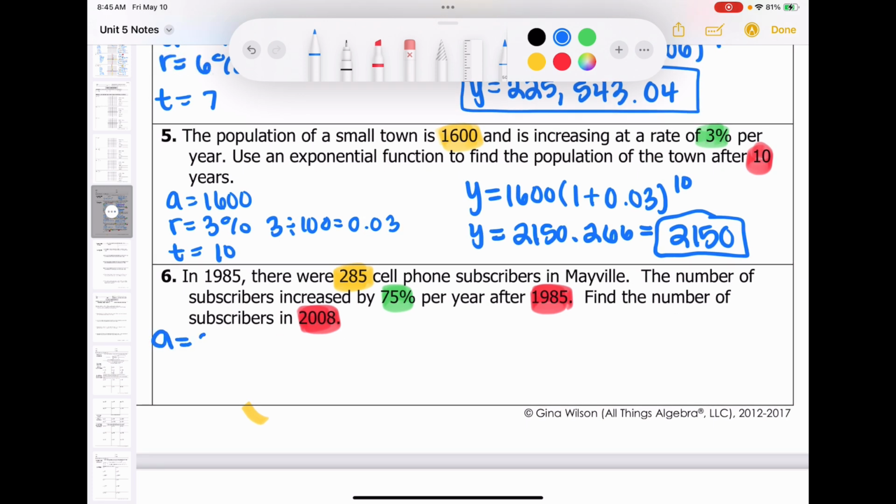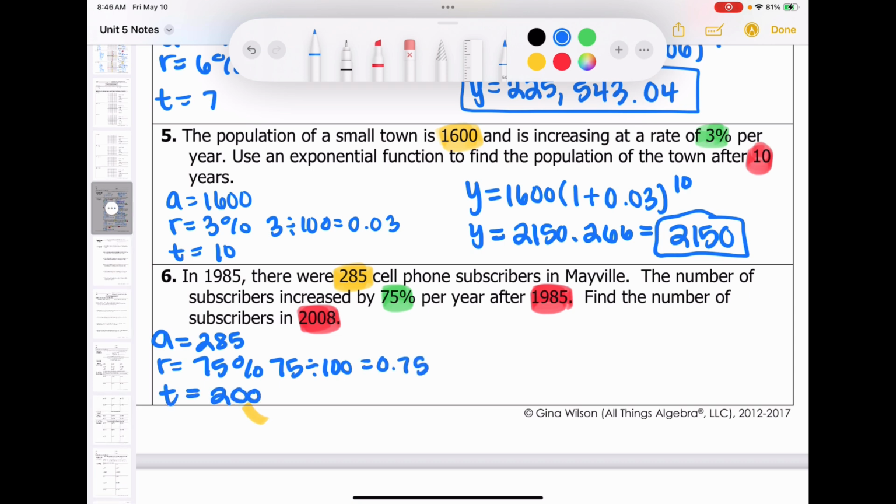So A is 285. R is 75%. So I'm going to do 75 divided by 100 and get 0.75. And then T, I'm going to do 2008 minus 1985. And that's going to give me 23.